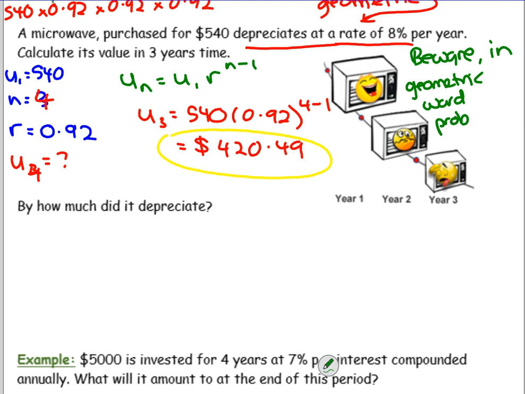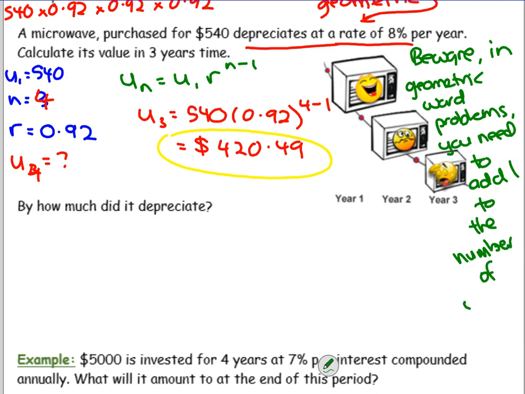One way you could think of it is the formula would just be r to the n instead, or you could say you need to add 1 to the number of years. So that formula is wrong. Yeah, sometimes, exactly, add 1 to the number of years. And in this case, technically, it's meaning at the beginning of the 4th year.